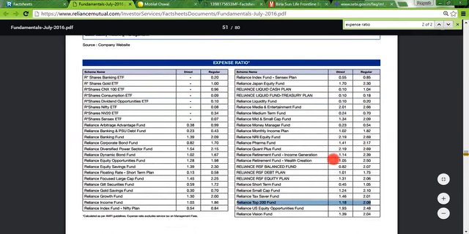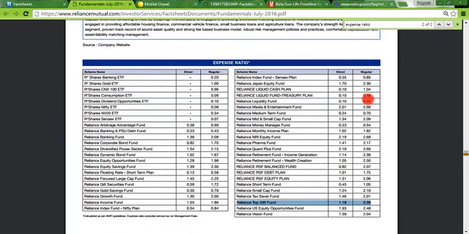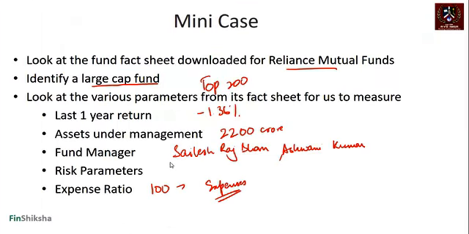The direct plan gives an expense of 1.18, the regular plan gives an expense of 2.09, almost close to a 1% kind of a difference. That's the data we have. We can plug in the numbers here. Expense ratio is 1.18 for direct and 2.1 for regular. And we can put in the numbers around beta, standard deviation, etc. here in risk parameters.